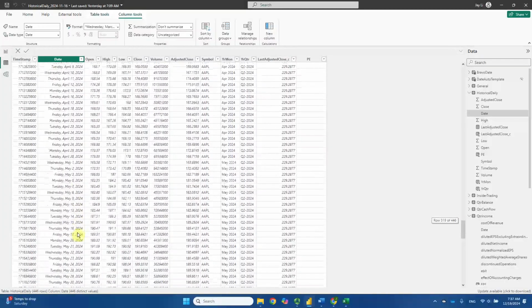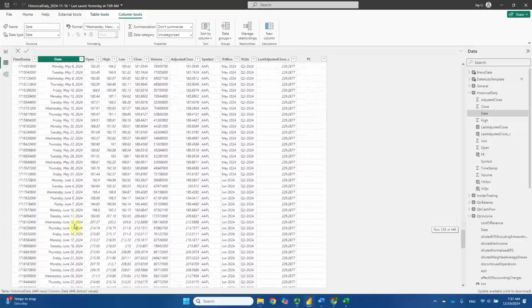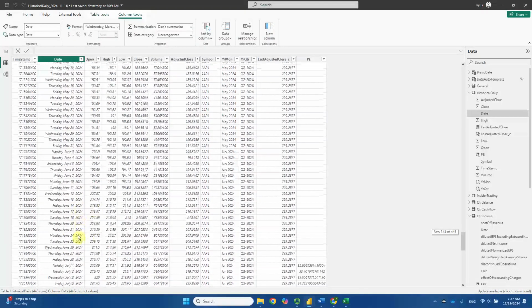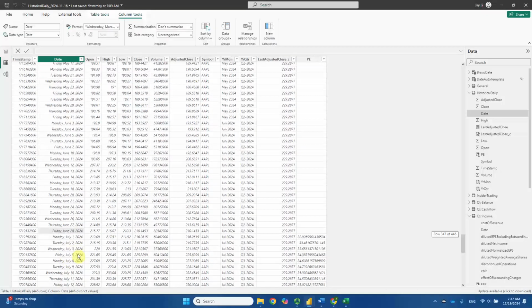So this situation actually continues all the way to the second quarter of 2024. You can see here the last trading day for the second quarter of 2024 is June 28th, which is not the same as the last calendar day in that quarter, which should be June 30th, right?